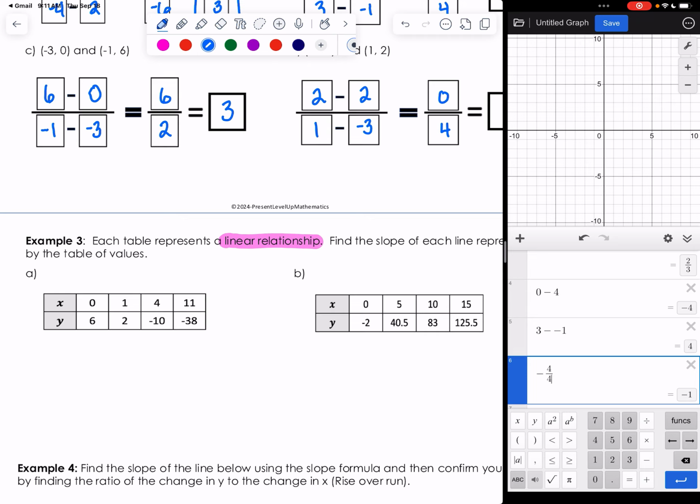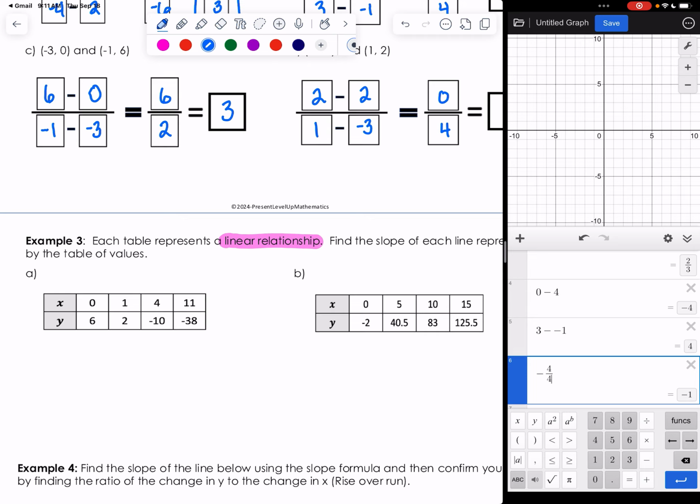Now, I like to use what's called friendly points. Friendly points generally don't have negatives or decimals. Sometimes you can't avoid using negatives or decimals, but I like to try to avoid negatives and decimals if I can. So in problem A, we have a table of values. I want to pick 2 friendly points.